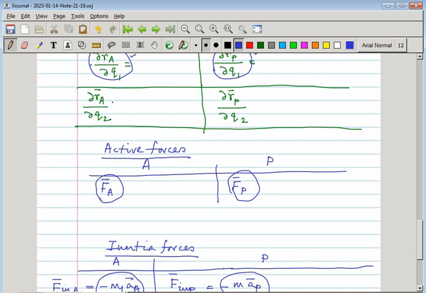Then this term into this plus this term into this gives you the second equation.